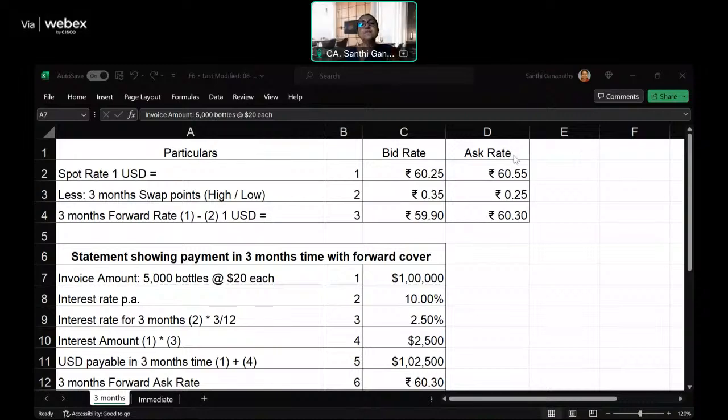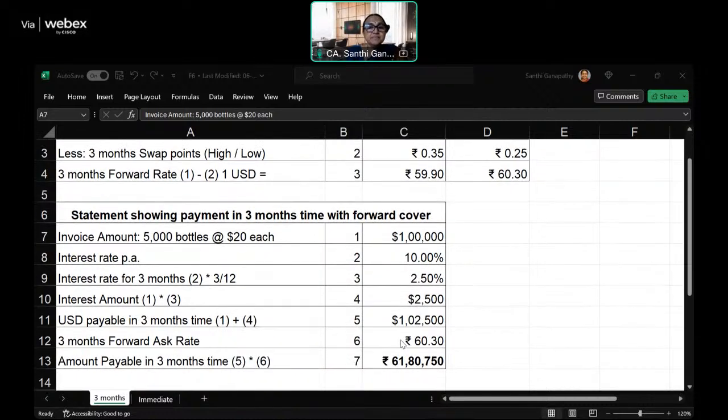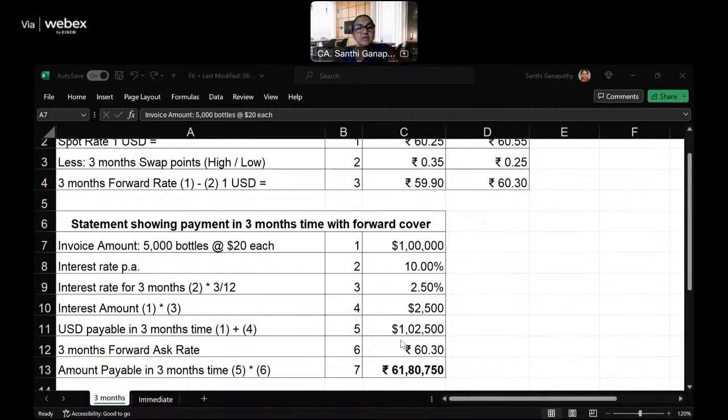If it is high-low, we need to deduct it because it means a forward discount. So what is the invoice amount? What is the interest rate? What is the interest amount? So in 3 months' time, if you pay, what is the position?